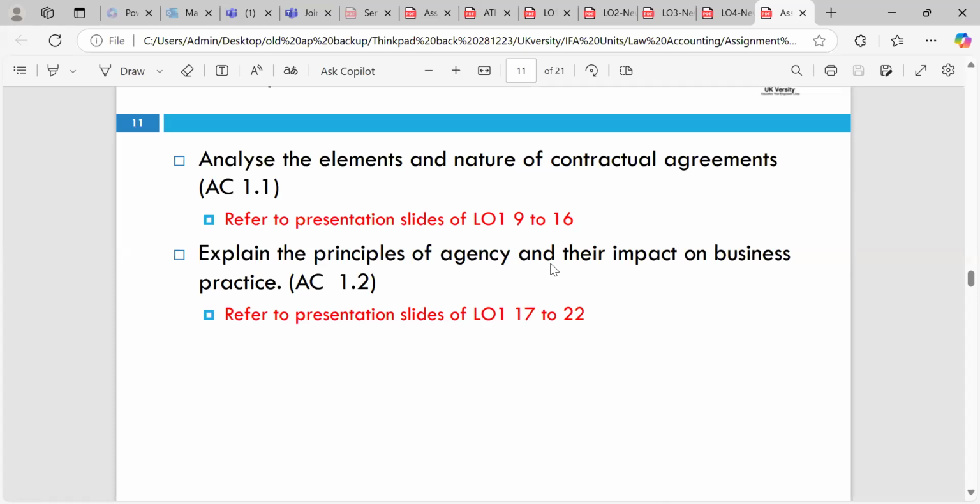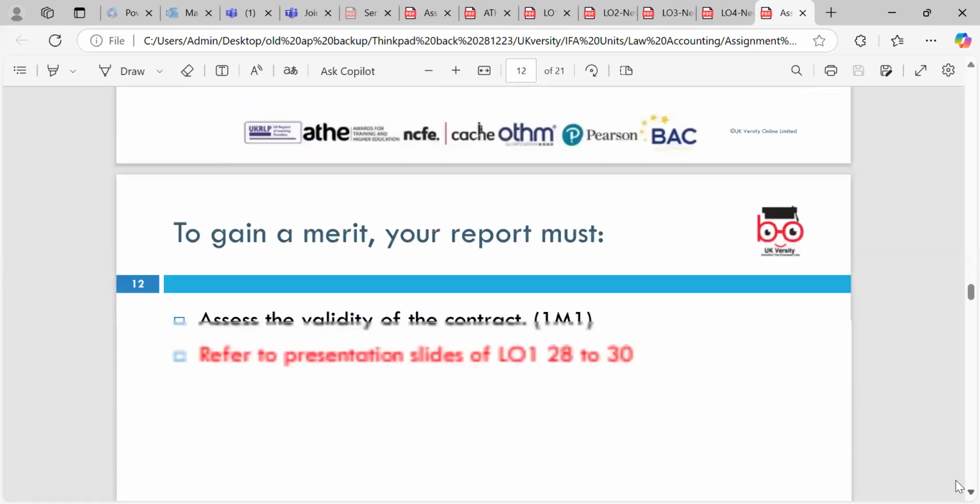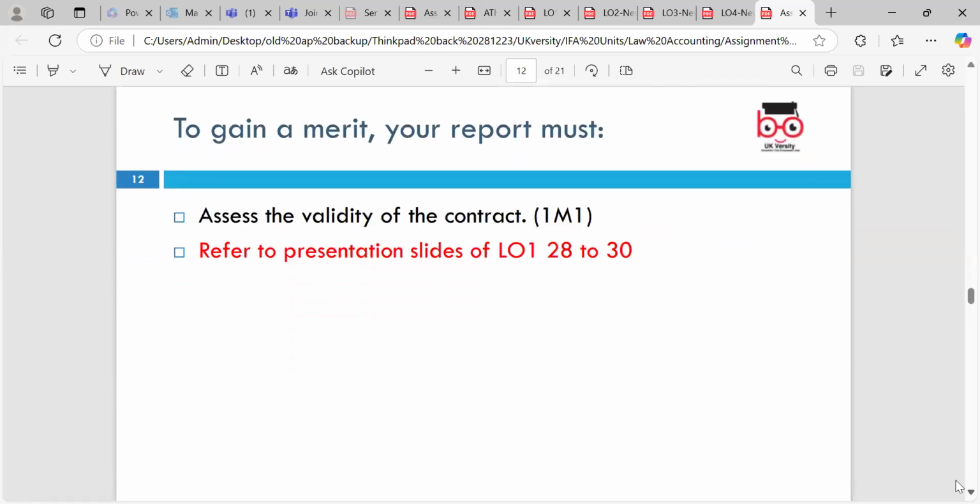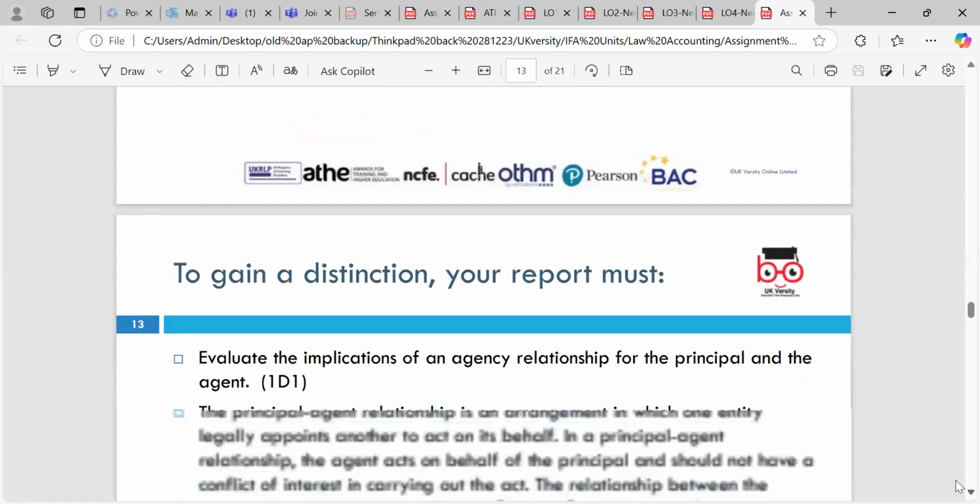Please look at LO1. Explain the principle of agency and the impact of the practices of agent and agency theory. The slides you've been given even have the slide numbers. Please read and write, and the reference from the book can be shown.